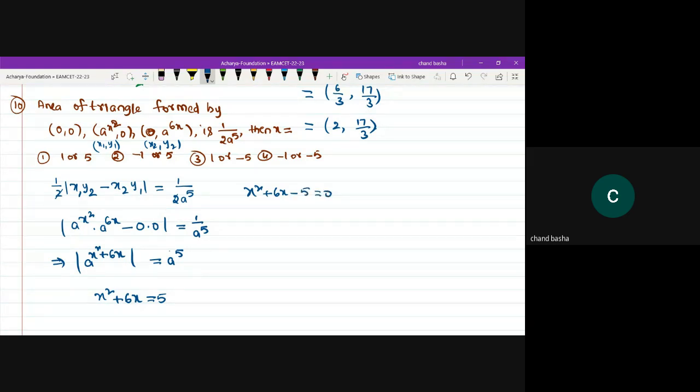Here the upper part will be minus, it should be plus 5. So the factors will be x plus 1 into x plus 5 is equal to 0. Very good. X is equal to minus 1 or x is equal to minus 5 will be the correct answer. That is option number 4.